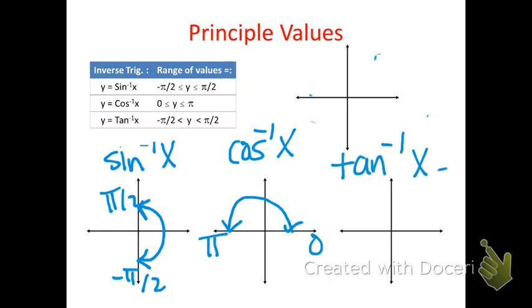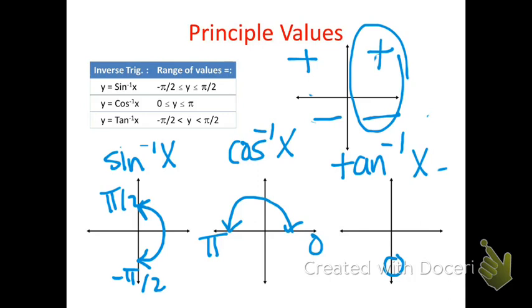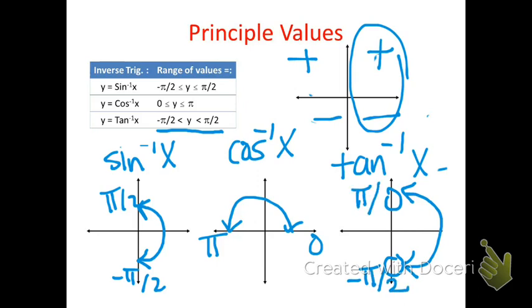So because tangent is positive here, and it is positive here, and negative here, and negative here, it's going to give me answers in these two quadrants, but because it's not defined at the pi over 2, it's still in that interval, but notice that in the inequality we don't include the equal to sign. So your inverse tan is going to be from negative pi over 2 to pi over 2, just like sine, but not inclusively.